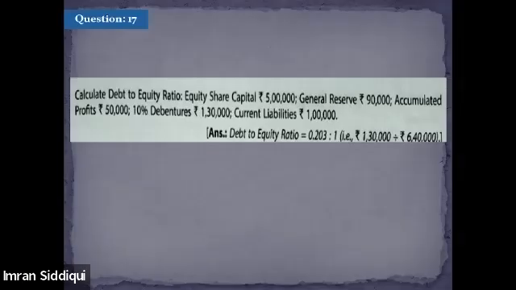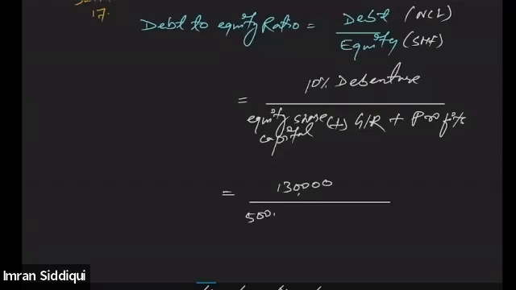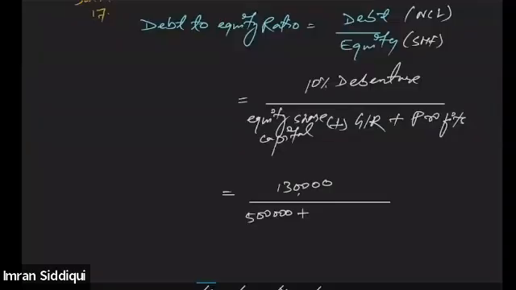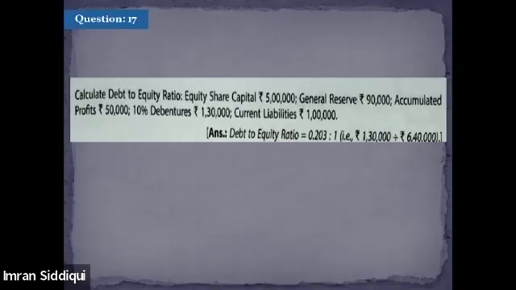Equity share is 5 lakh, plus reserve 90,000, and profit 50,000. Should we consider the current liability, which is given as 1 lakh? The answer is no. We won't consider that because it is a current liability, not a long-term, non-current liability.